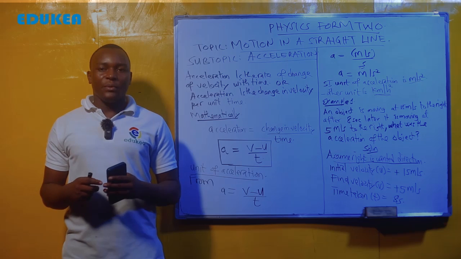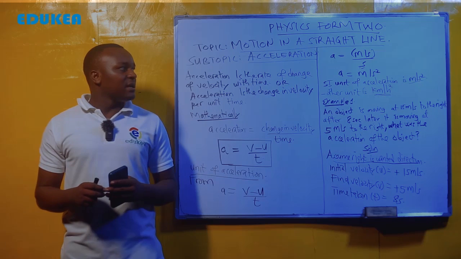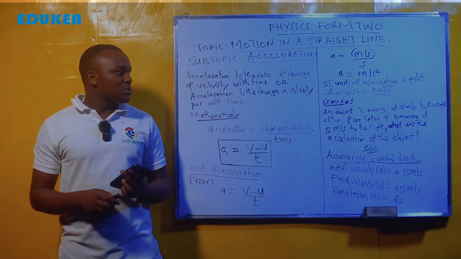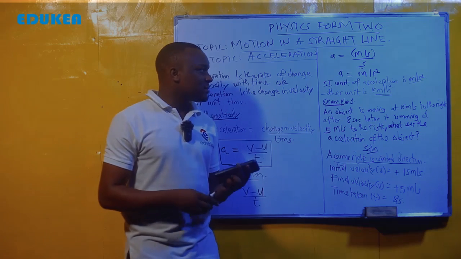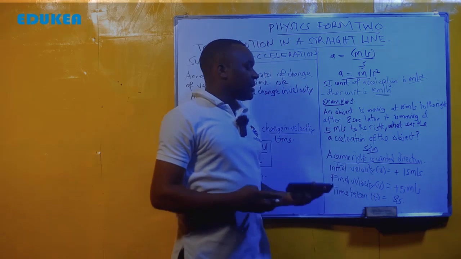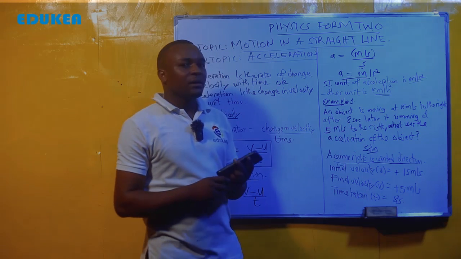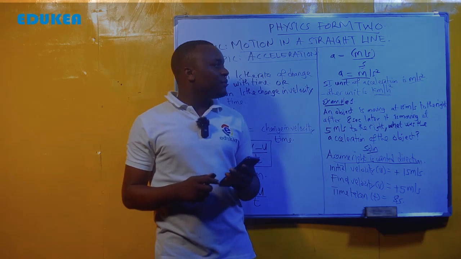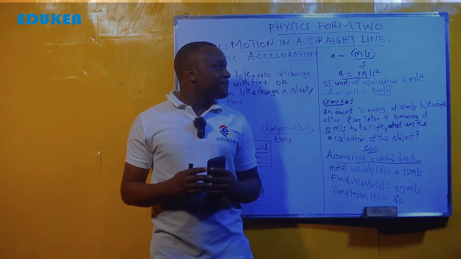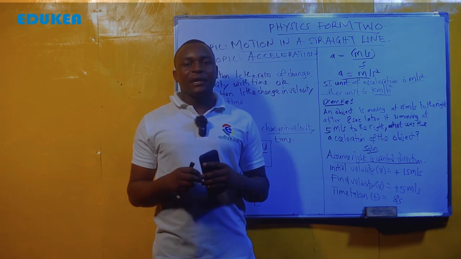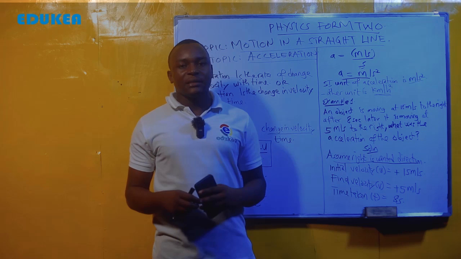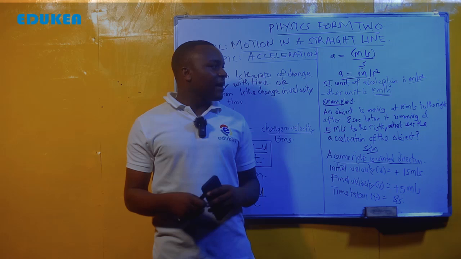So when you divide meter per second by second, you get meter per second squared. Also, instead of meter per second squared, we can use kilometer per hour squared as a unit of acceleration.